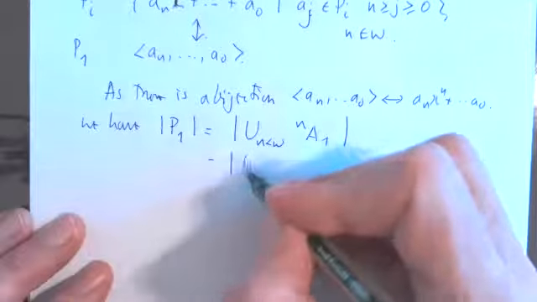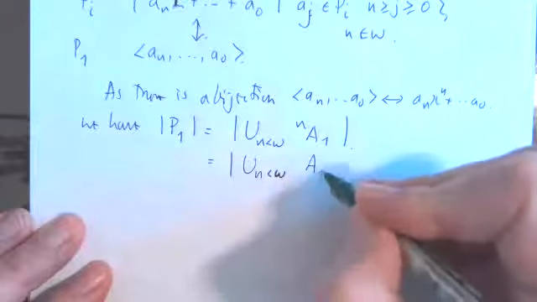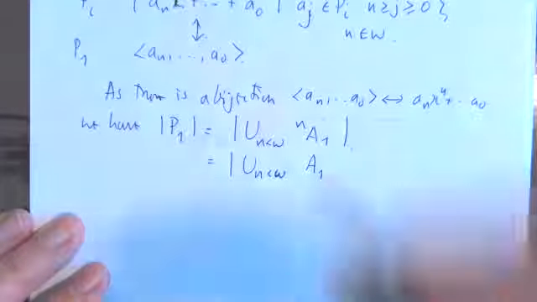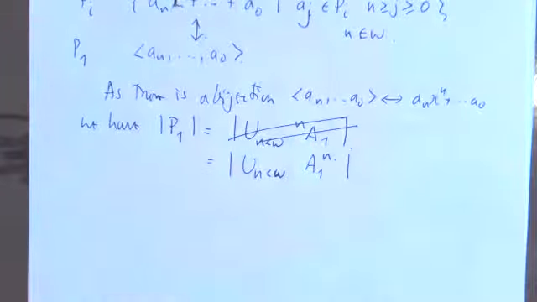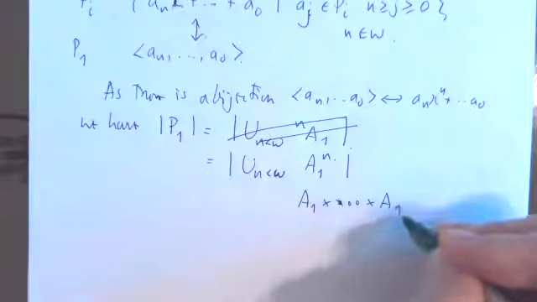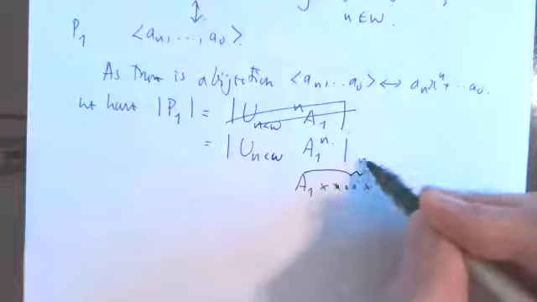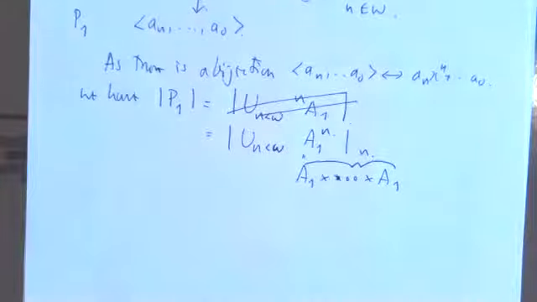And this is the collection of all functions from n into A1. I can think of that also as being A1 to the n. Actually, this is probably a better way to put it. So this is the Cartesian product of A1 with itself n times. That's what this is here.